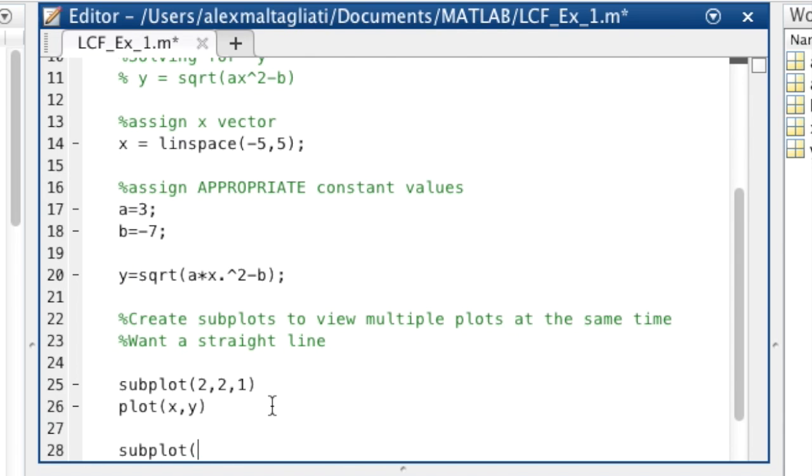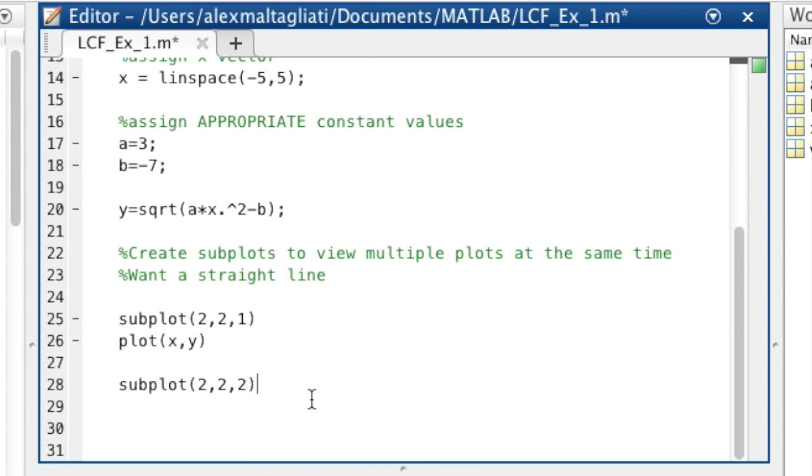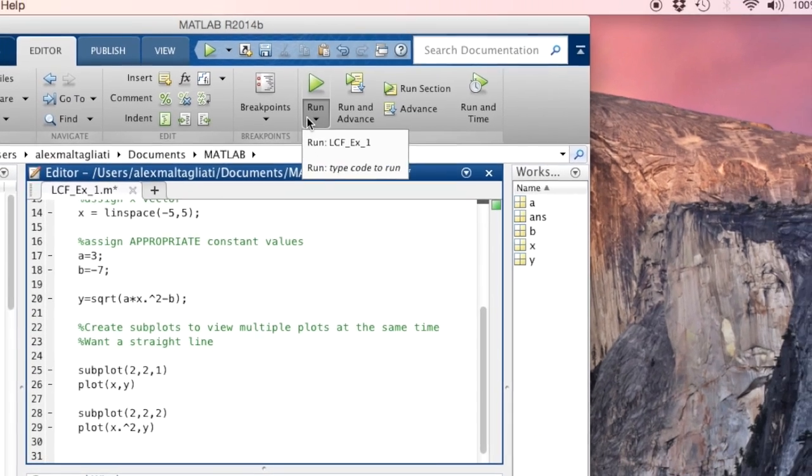So for the second plot, let's just say you and some friends are arguing about what do you have to plot to get a straight line, and someone says you have to plot y versus x squared, and that'll give you the linear plot. And let's find out if they're right.